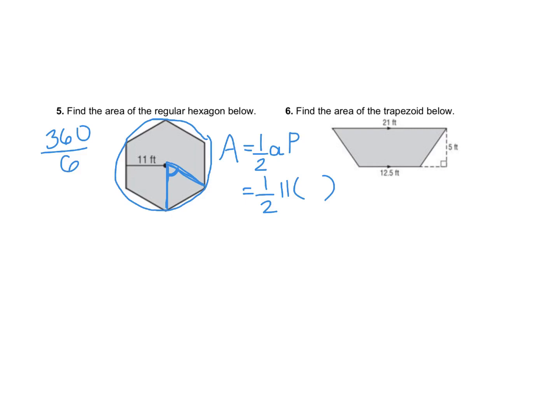And we're dividing by 6 because it's a hexagon and there are 6 sides. So that gives us 60 degrees. So for this triangle, we have the angle at the top of being 60 degrees.